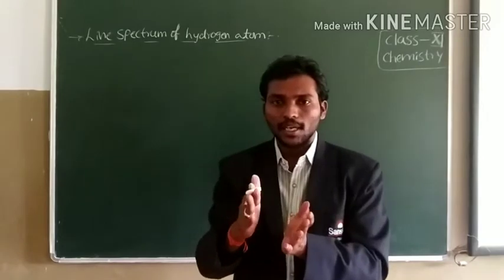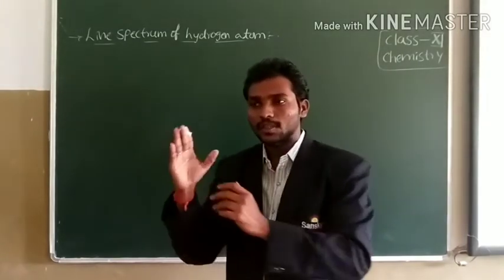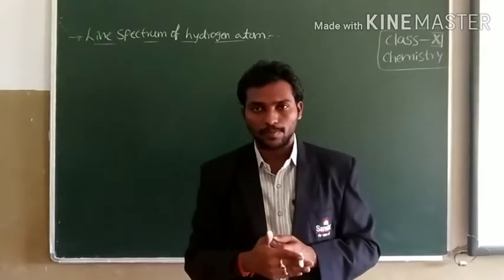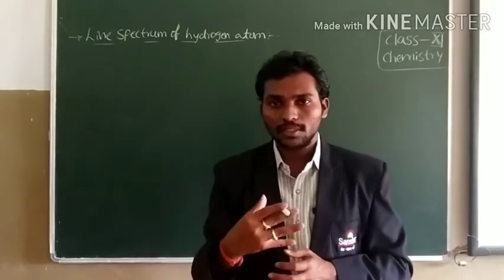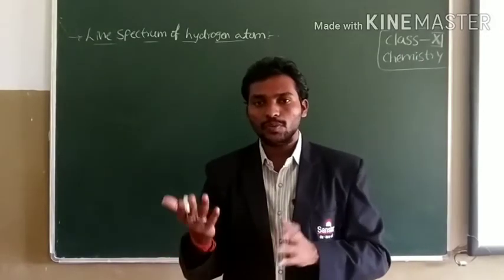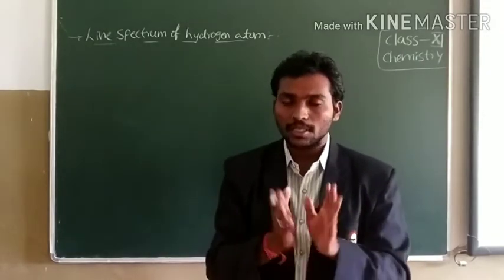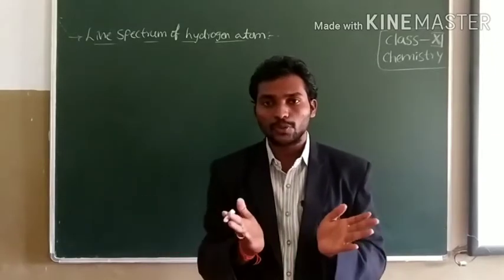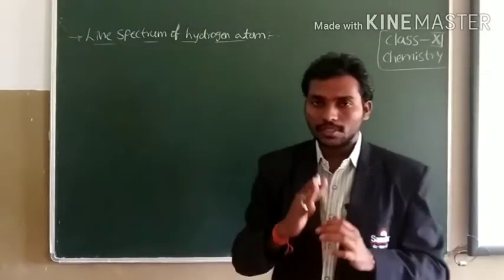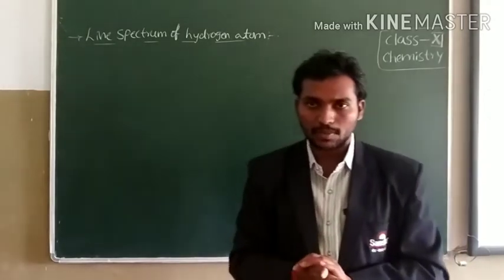When the light is allowed to pass through a prism or diffraction grating, it produces a spectrum, or when we record the radiation emitted from the discharge tube which is filled with hydrogen, we get the hydrogen spectrum. This is the way we get hydrogen spectrum, children.